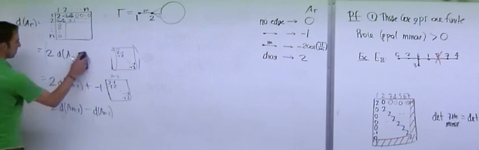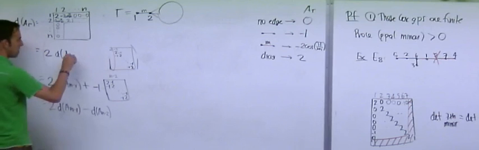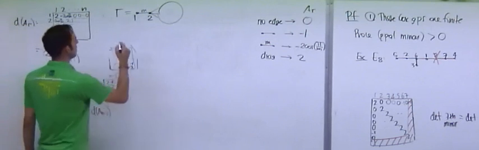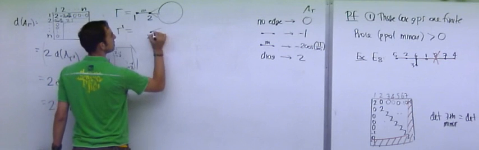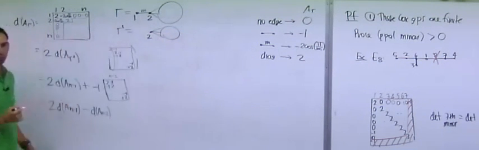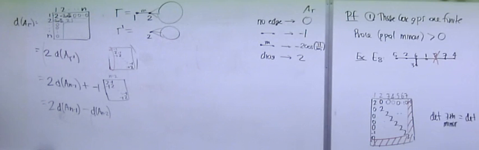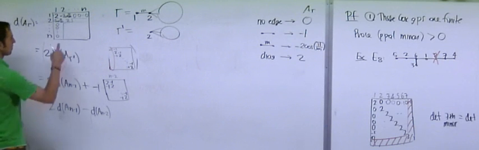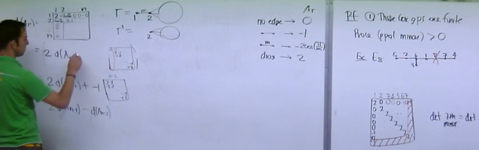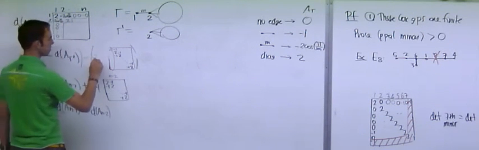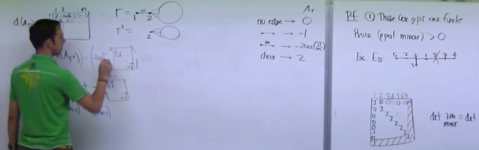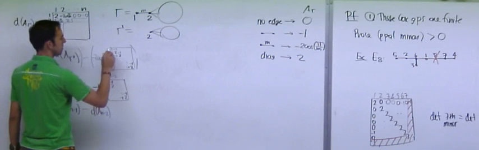Okay. Maybe just to make sure that you understand, let me just call this gamma prime, where gamma prime is this graph. Okay. Minus the next term is minus 2 cosine pi over m and something like this.